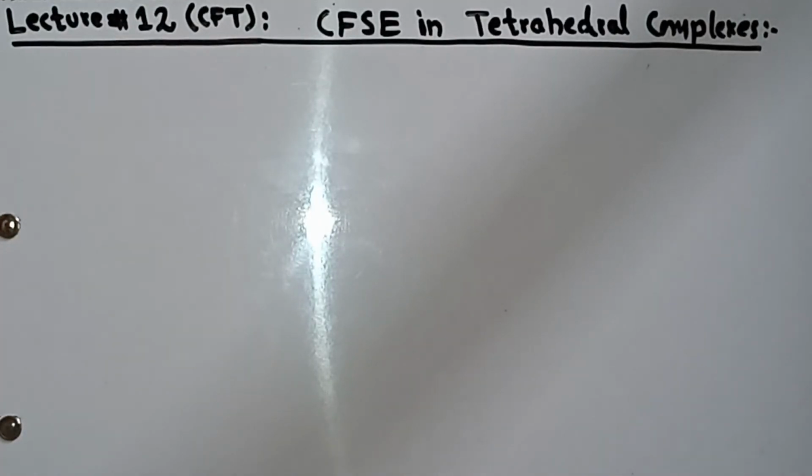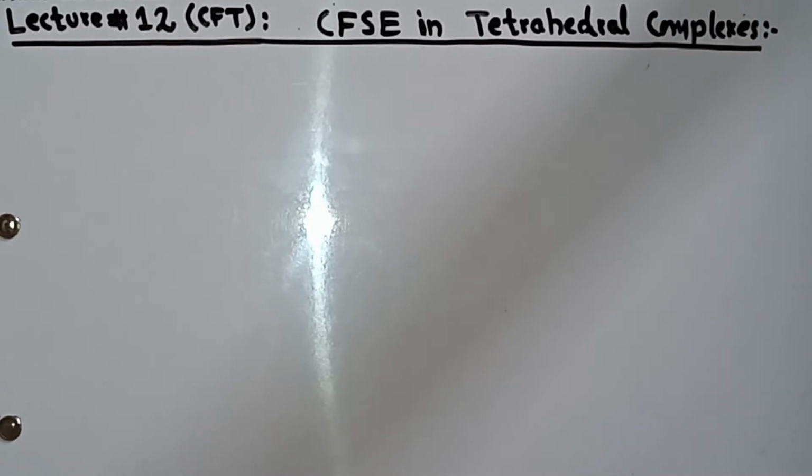Okay, thank you. Today is lecture number 12 of Crystal Field Theory, and today's lecture we will be studying crystal field stabilization energy for tetrahedral complexes. How can someone calculate crystal field stabilization energy for a tetrahedral complex?